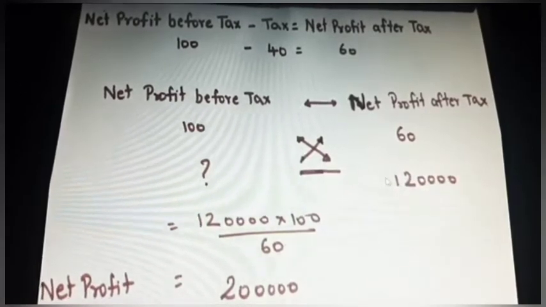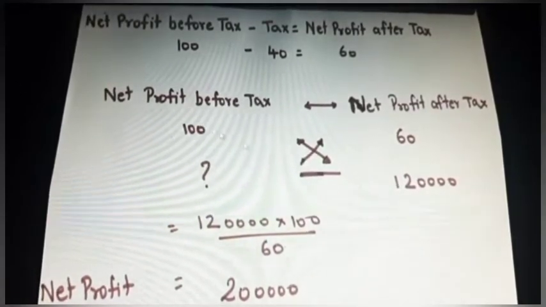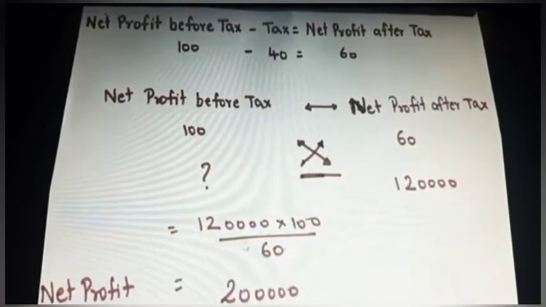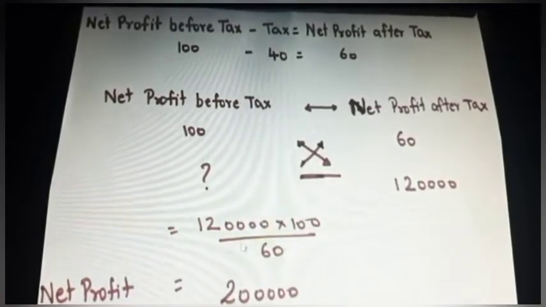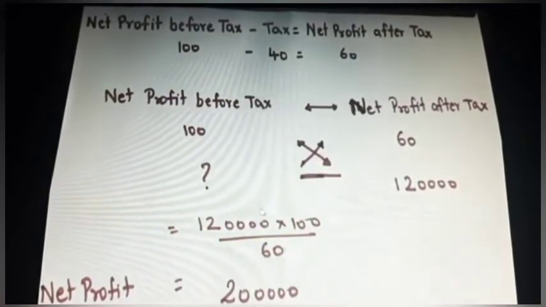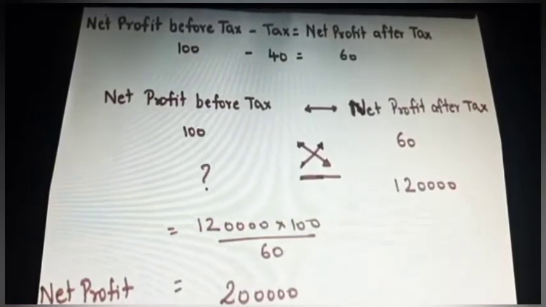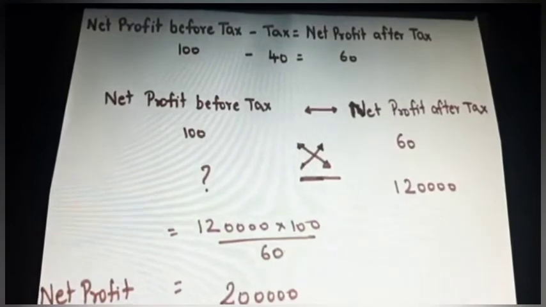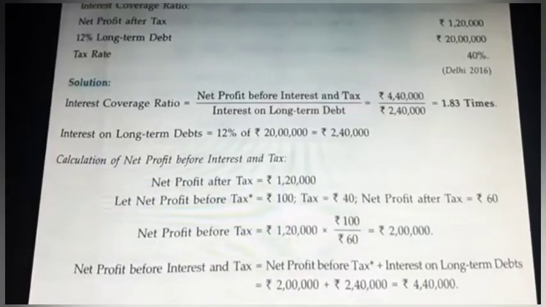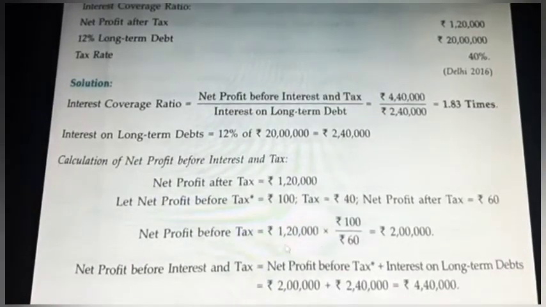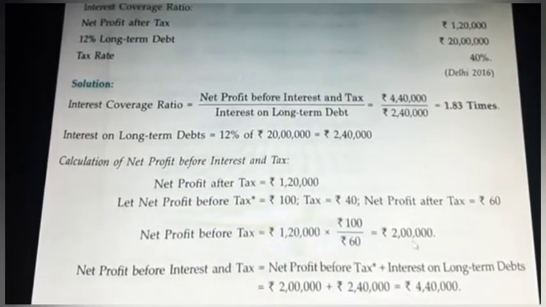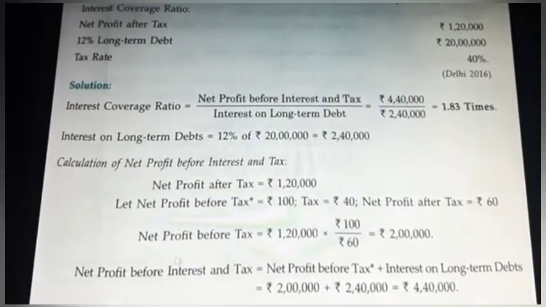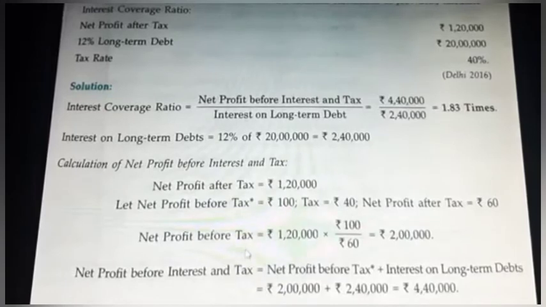So can't we calculate the net profit before tax by cross multiplying? After cross multiplying, the net profit before tax, this question mark, you will get as rupees 2 lakh.